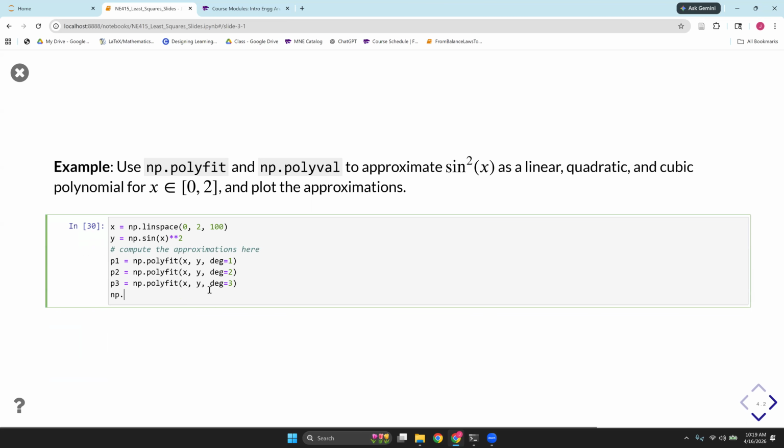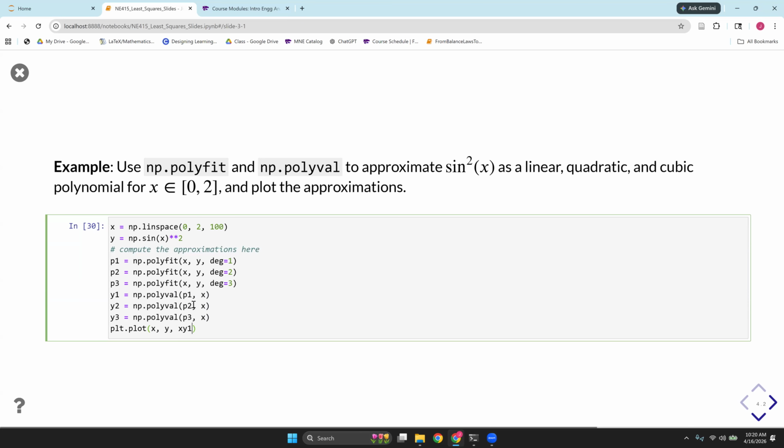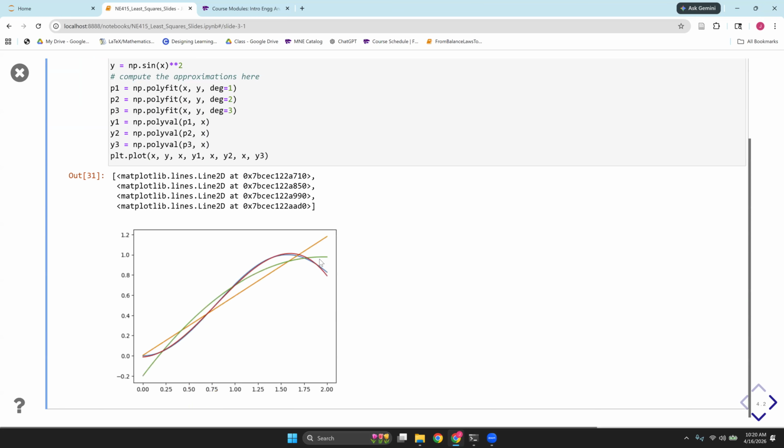So if we want to do y1, that would be np.polyval P1 x, and then copy and paste. And then we can make a plot of all of it, x, y, y1, x, y2, x, y3. And you can see what these different approximations look like.